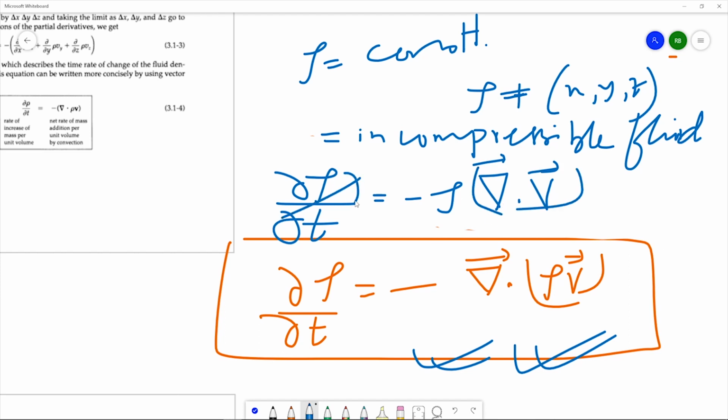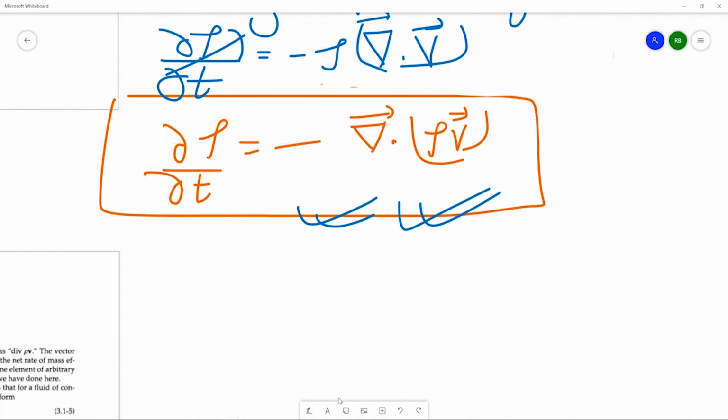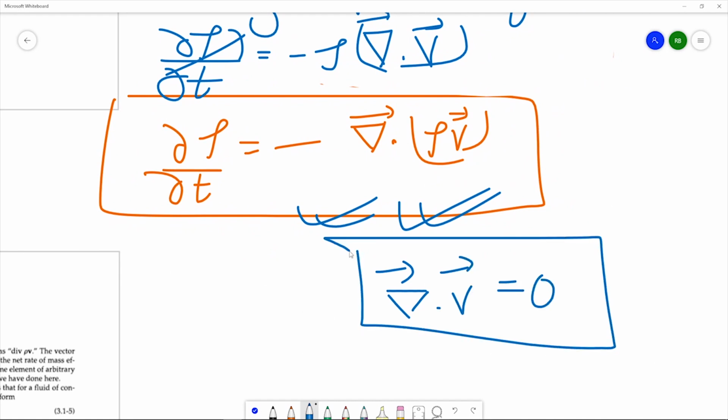Also, this term will go 0, so it is not a function of time as well. So what will happen now? That means this is true: the divergence of the velocity vector is 0. Remember this. This is the continuity equation for incompressible fluid.